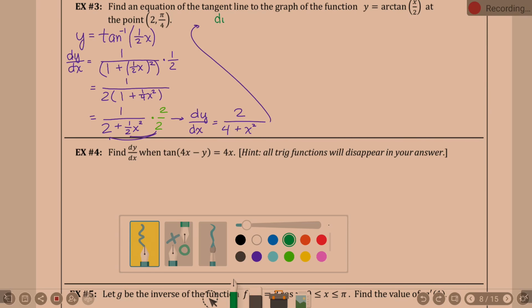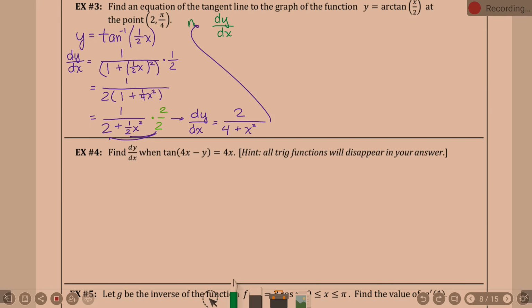So I'm going to say this, my slope, whoops, I meant to write m equals, is going to be dy dx evaluated at 2 comma pi over 4. And evaluated at 2 comma pi over 4, it's going to be 2 over 4 plus x squared, so 2 squared.